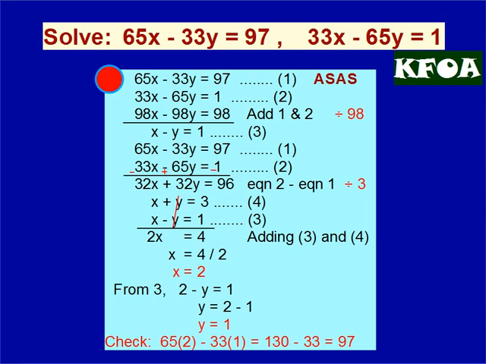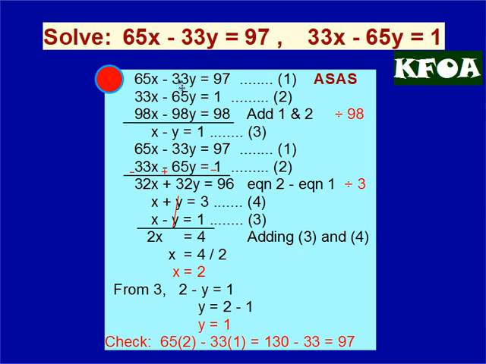When we go further, I call it ASAS method. Whenever these coefficients are getting exchanged, 65x, 33y, here 33x, 65y. Generally such questions, I made this simpler for you. ASAS means addition, subtraction, addition, substitution.